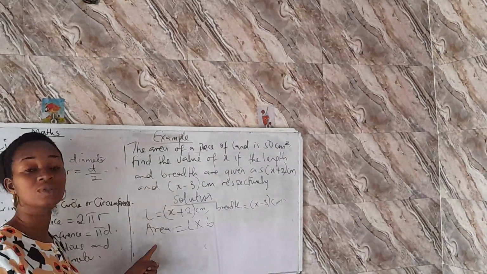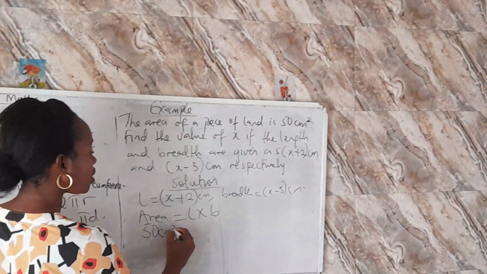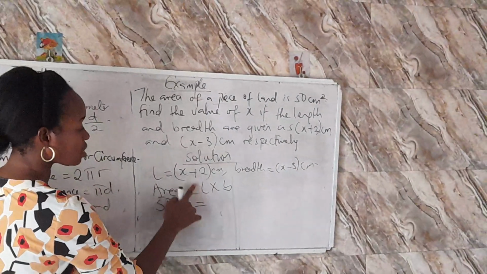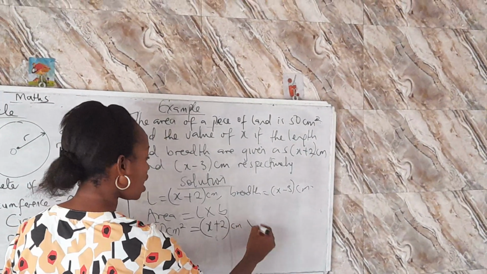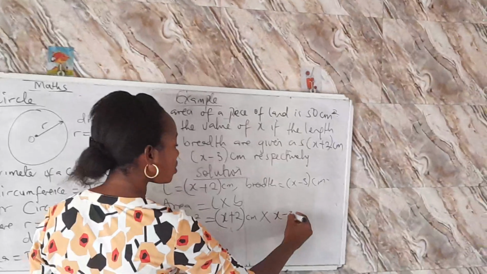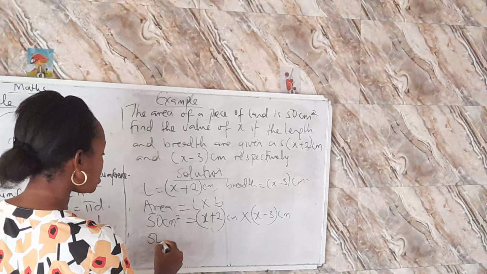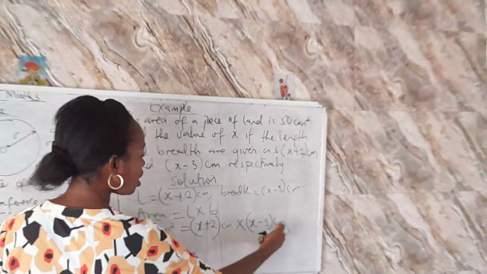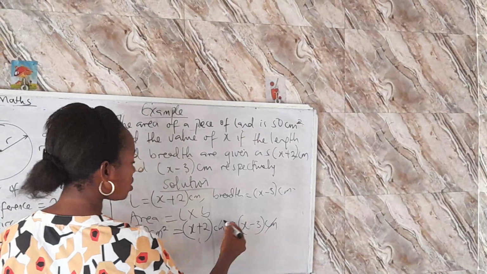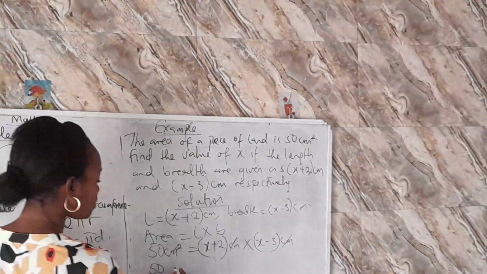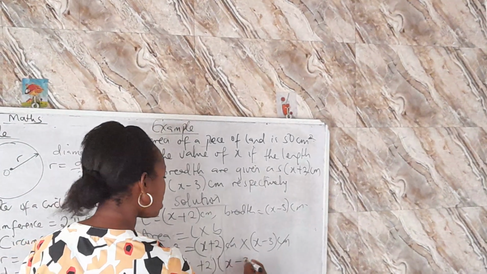Now we are given the area to be 50 centimeters squared, so we substitute. 50 cm squared equals the length, x plus 2 cm, times the breadth, x minus 3 cm. Of course, cm times cm cancels out, so we have 50 equal to x plus 2 bracket x minus 3.